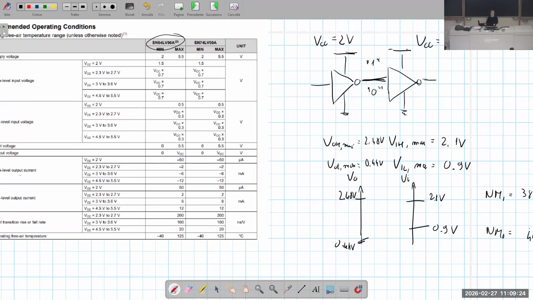This could be a practical case. You have a microprocessor on a board which is operated at 2-volt power supply. You want to take the signal from this microprocessor and connect it at the input of another digital device, which is operated at 5 volts. This is a very practical case. Let's see if this is possible or not.